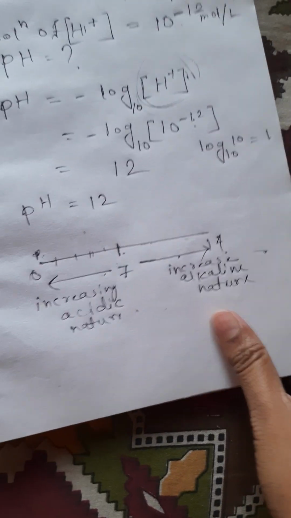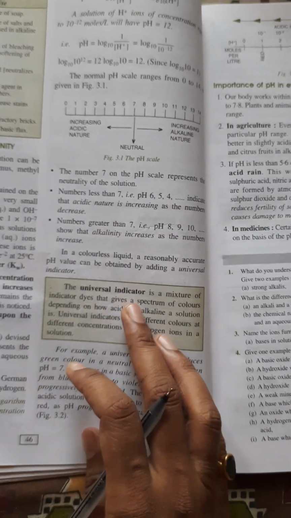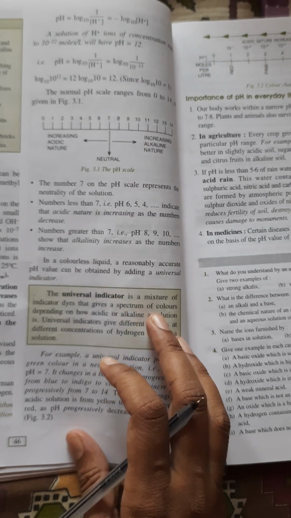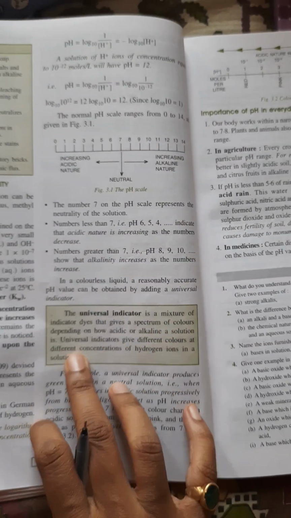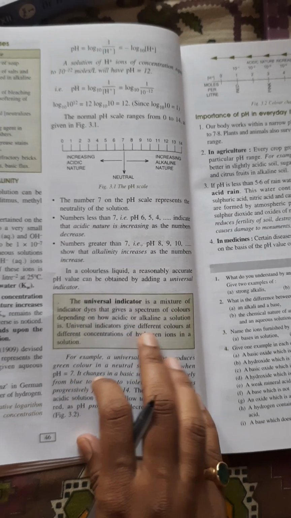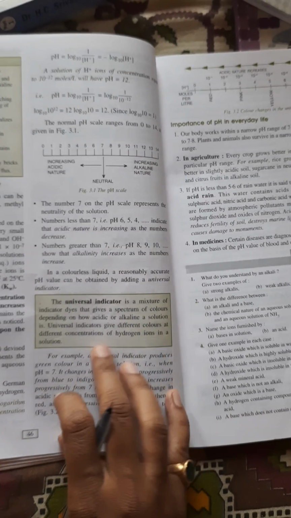Now see, when you use the universal indicator, what does it mean? From your book, the universal indicator is a mixture of indicator dyes that gives a spectrum of colors depending on how acidic or alkaline a solution is. Universal indicators give different colors at different concentrations of hydrogen ions in a solution.